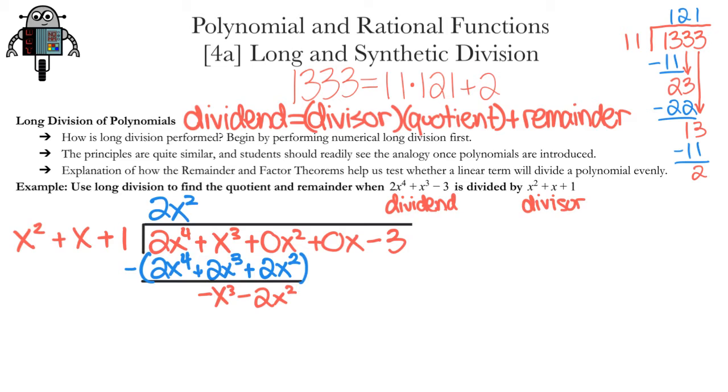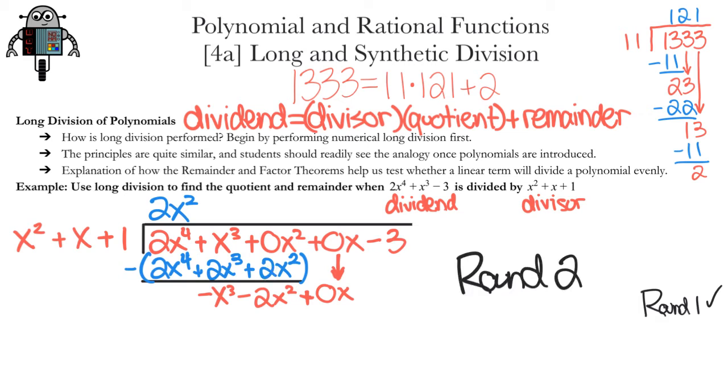Just like in long division of numbers, we drop down the next term, which is 0x. And that is the first iteration of this long division. Notice that the focus of the division is the first term of the divisor, x squared. The other two terms, x and 1, were accounted for when we multiplied 2x squared by them.